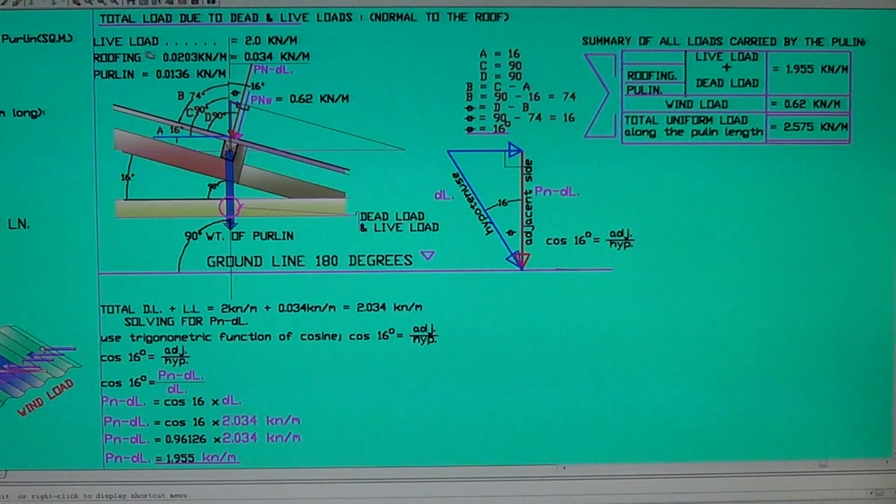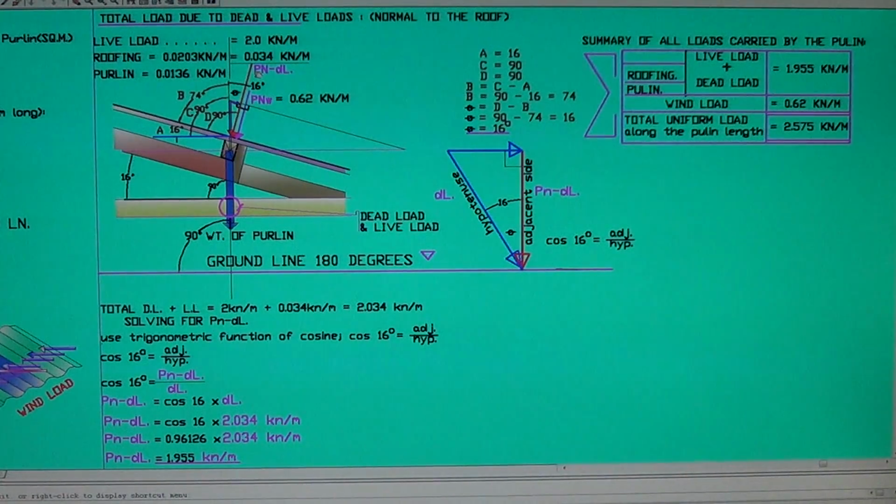The sum of these two, the purlin and the roofing, is 0.034 kilonewton per meter. The total dead load plus live load, 2 kilonewton per meter plus 0.034, we get the total dead load plus live load is 2.034 kilonewton per meter. So solving for the normal dead load and live load, this is the PN.